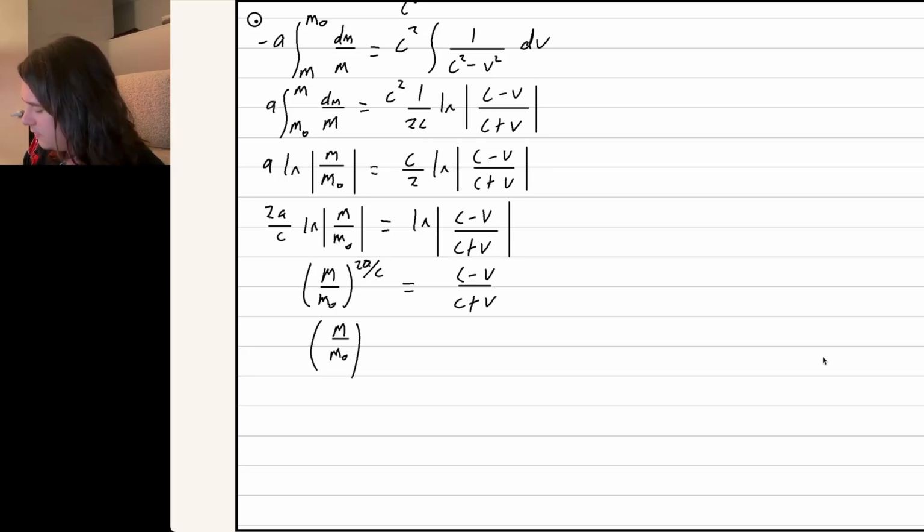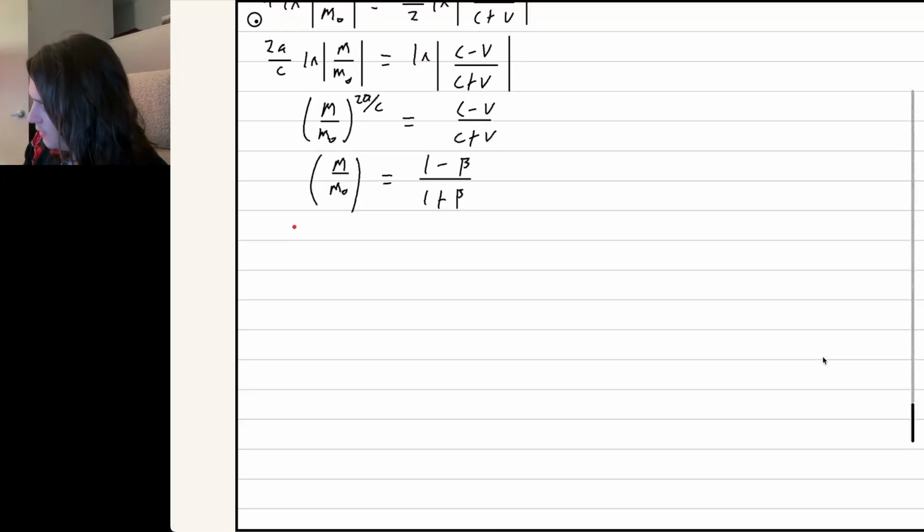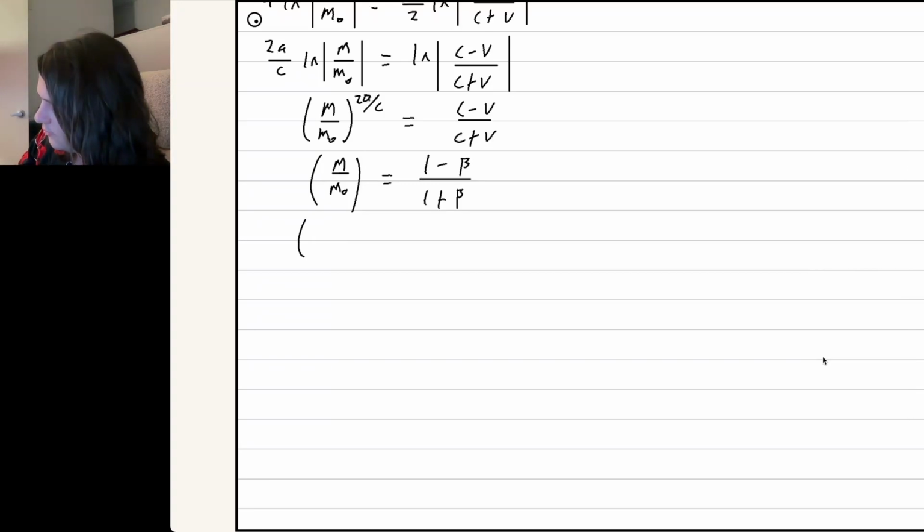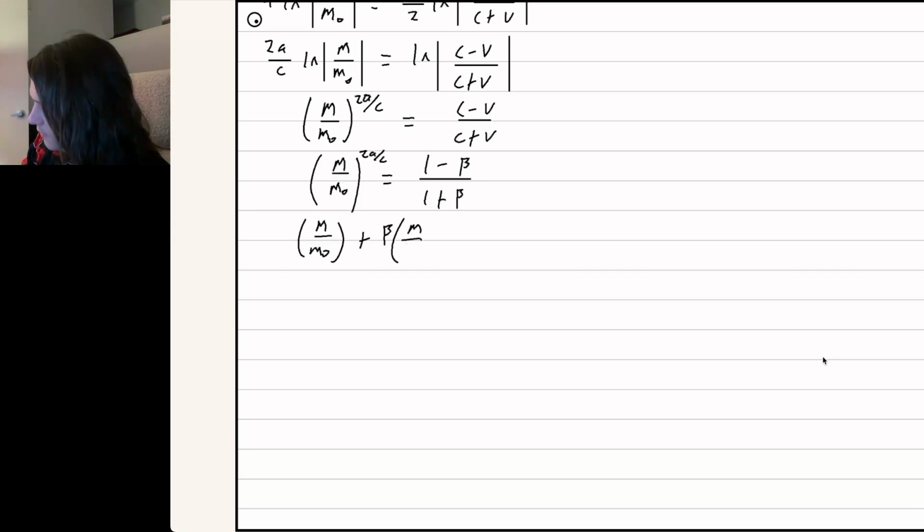We're looking for beta, so on the right hand side, let's divide by c on top and bottom. So it's going to be 1 minus beta over 1 plus beta. Let's distribute this on the right, so we'll have m over m naught to the 2a over c plus beta m over m naught to the 2a over c is equal to 1 minus beta.